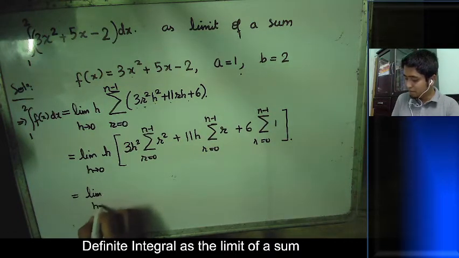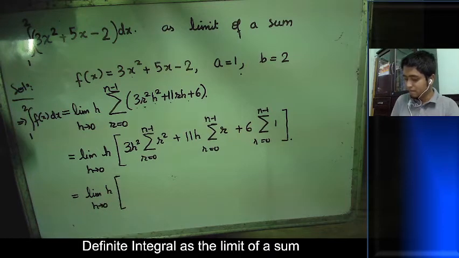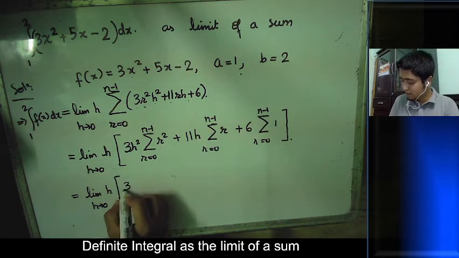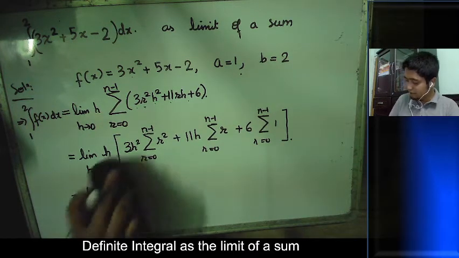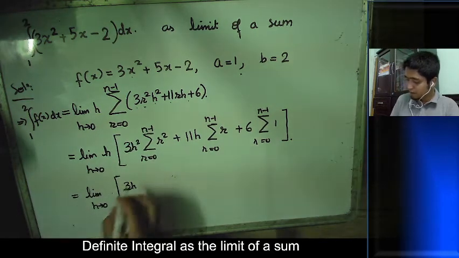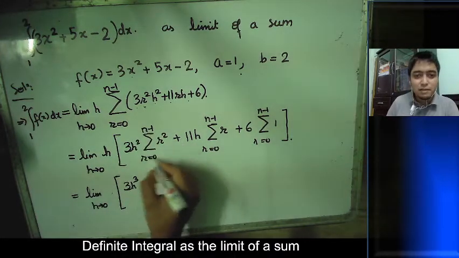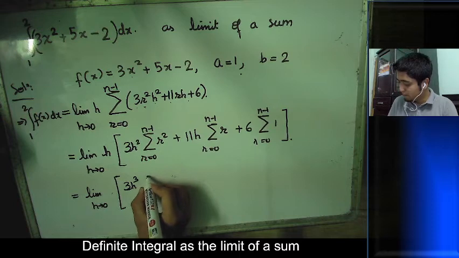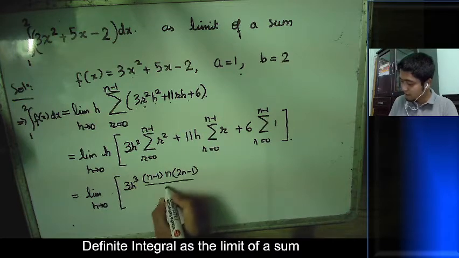This is when we will have to use those formulas that I had given. So over here will be 3h squared. In fact, you can write over here 3h cubed, multiplying this h inside. And the formula for this one, if you remember, will be (n minus 1)(2n minus 1) divided by 6.